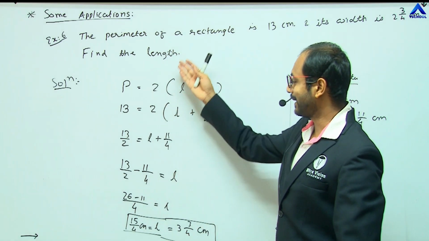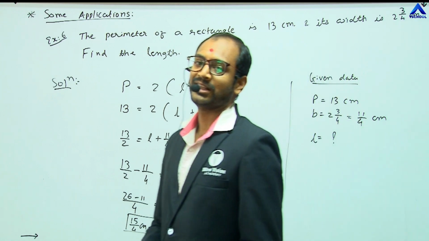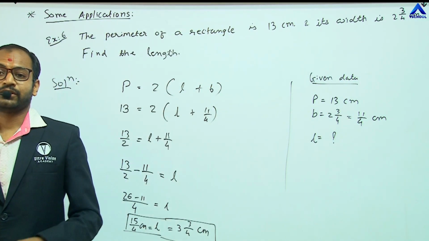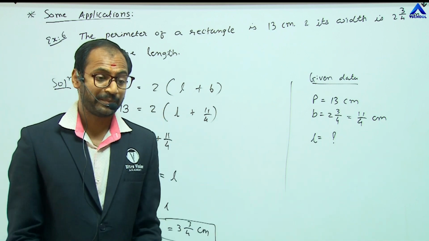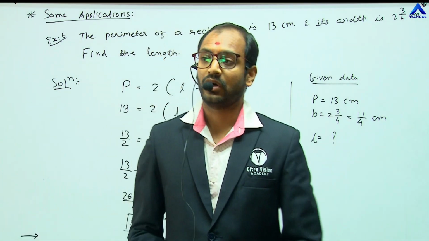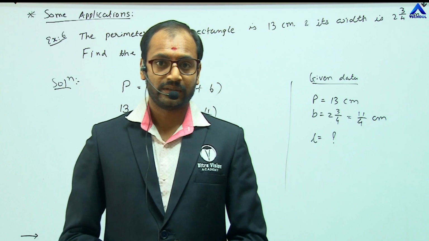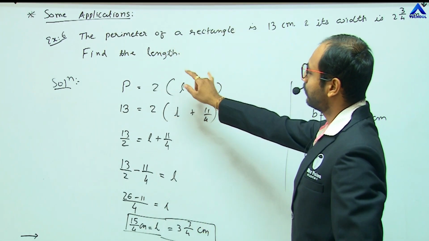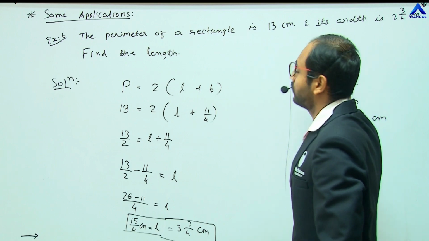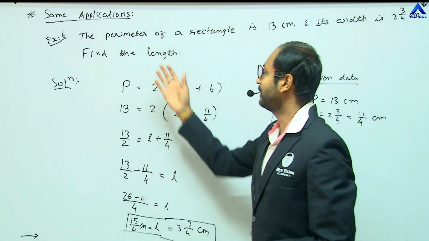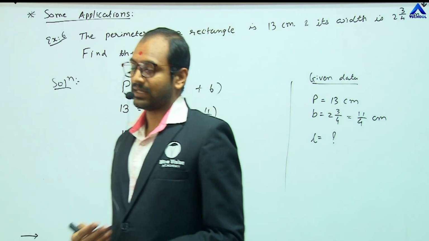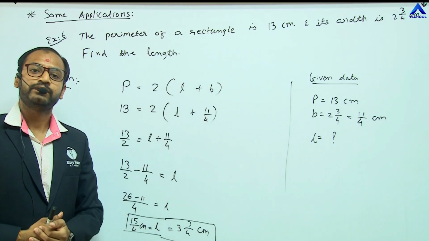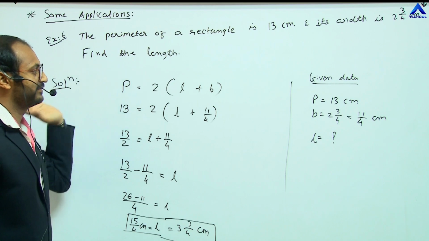Clear? So this is the practical application. Sometimes if we know the perimeter of a carpet or a land or a house, and one of length or width is known, then the second unknown can be found by using an equation.